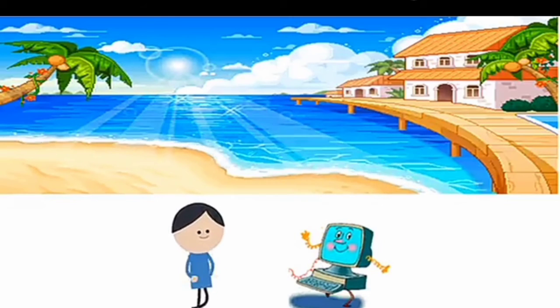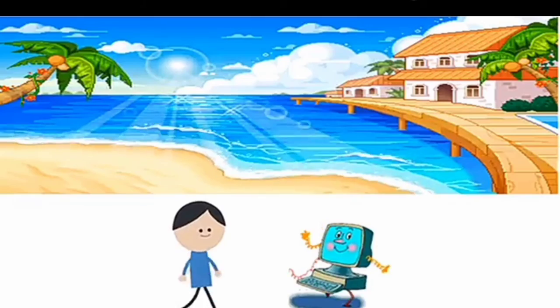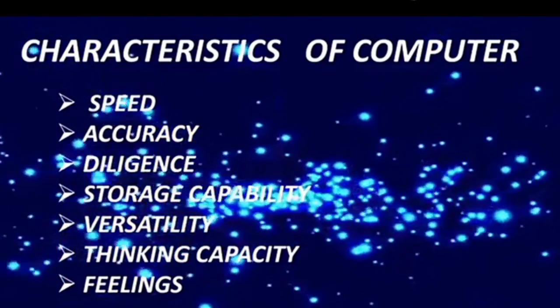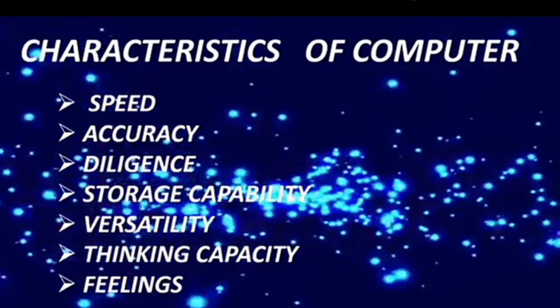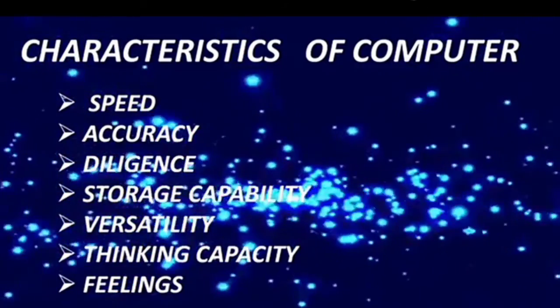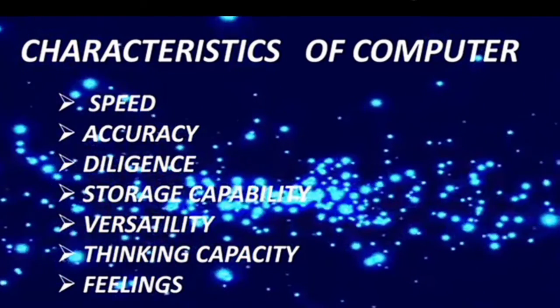Ha ha ha. It is human who are very brilliant to make a dumb machine to a brilliant computer. Quick summary. Characteristics of computer. Speed. Accuracy. Diligence. Storage capability. Versatility. Thinking capacity. Feelings.